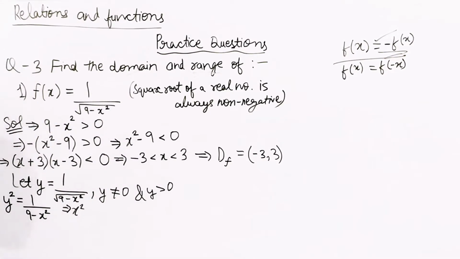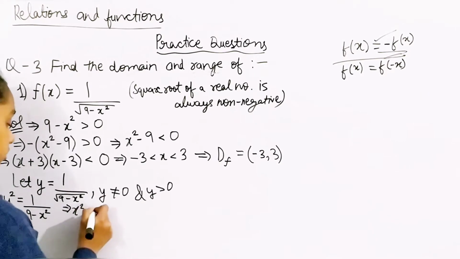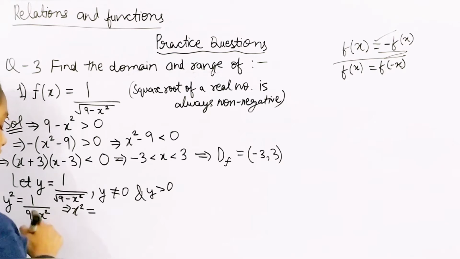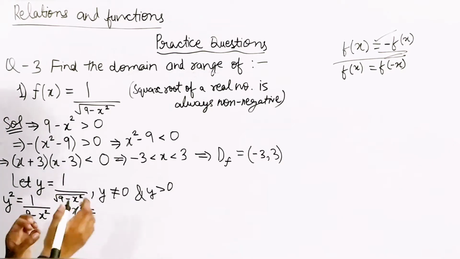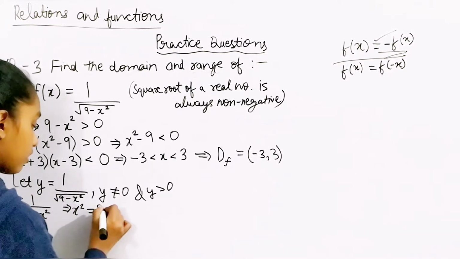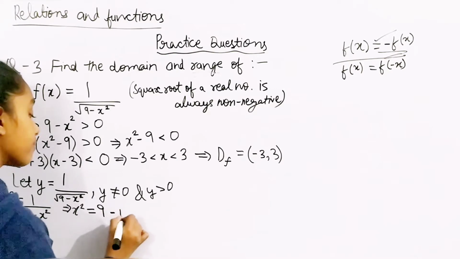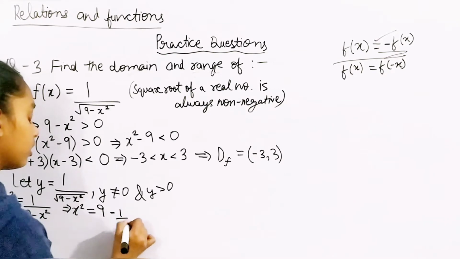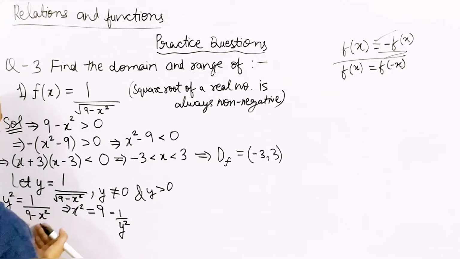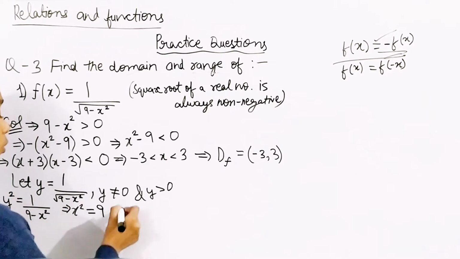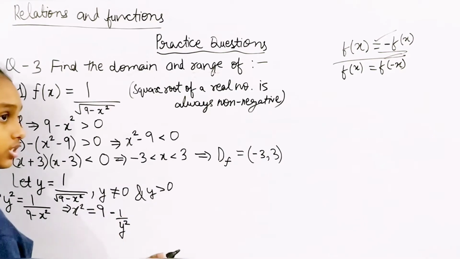What I did is shift this x squared to the place of y squared. So the 9 which we have right here is not going to stay in the exact place. It's going to be 9 minus 1 upon y squared. Got it? I shifted it here, the x squared here, and the y squared just after, 1 upon y squared. That's it.